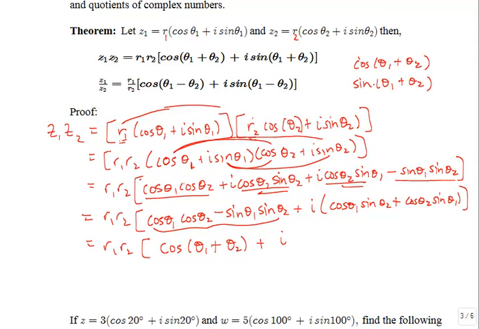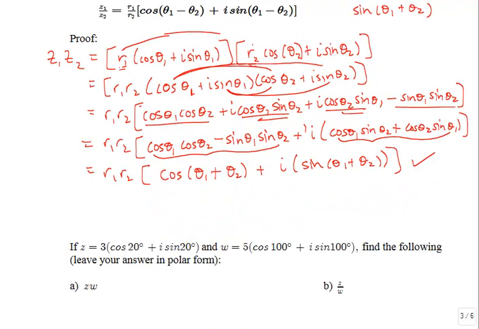Sine of a sum is sine of the first times cosine of the second plus cosine of the first times sine of the second. So it's sine 1 cosine 2 plus cosine 1 sine 2, which is exactly what we have here, just in a different order. So this second part is just sine of theta 1 plus theta 2. So we've just proven it because that's exactly what this formula is up here.